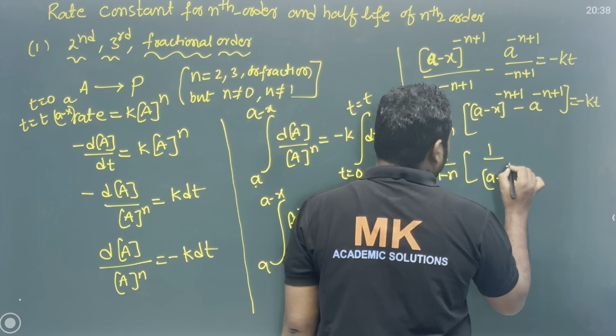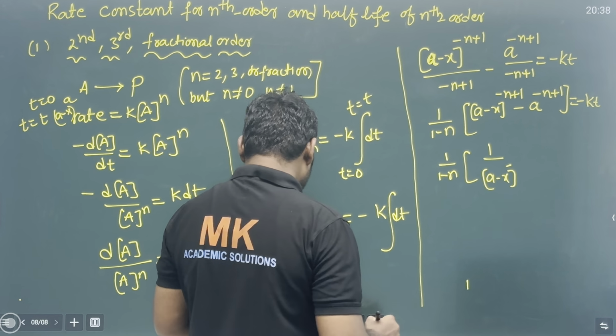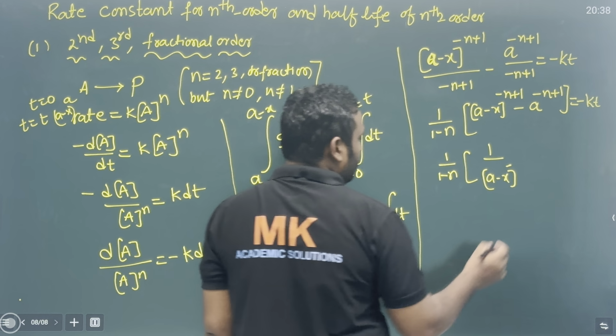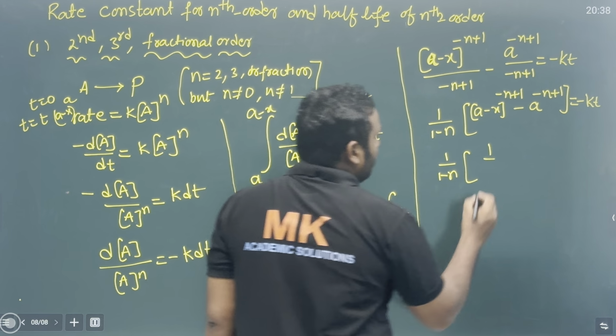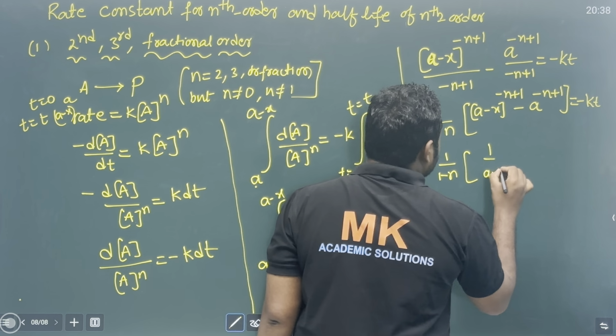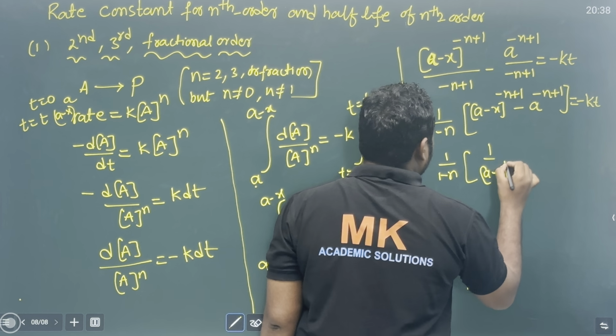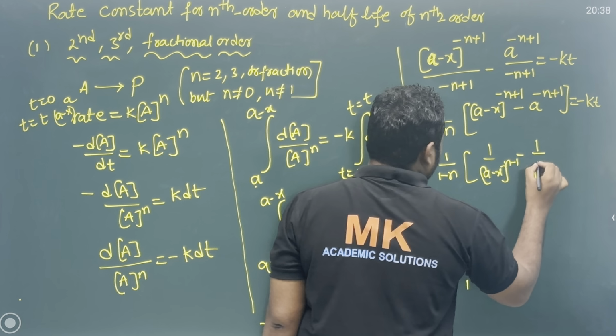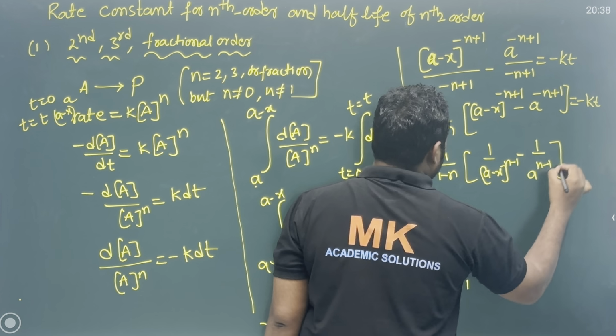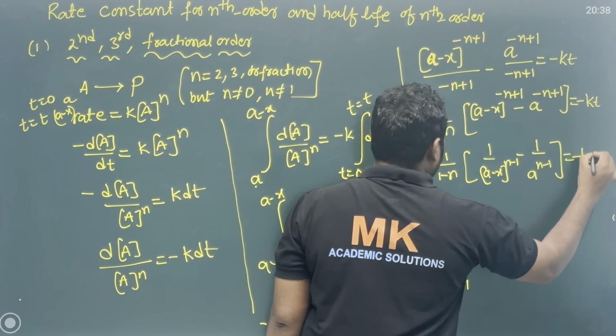So it will become 1 by 1 minus n, into 1 by (a minus x) power n minus 1 minus 1 by a power n minus 1, that is equal to minus kt.